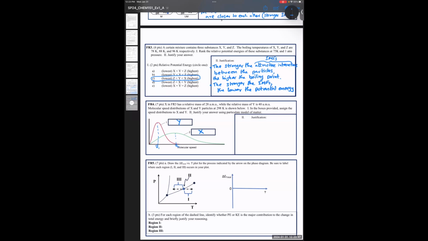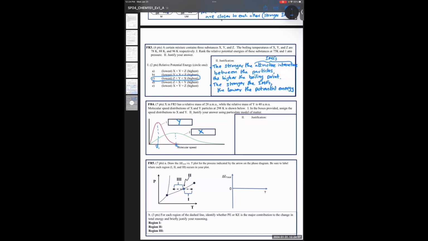That's the idea there. All right, and justify your answer using the particulate model of matter. So we need to mention a few things. They are the same temperature, meaning they should have the same average kinetic energy.